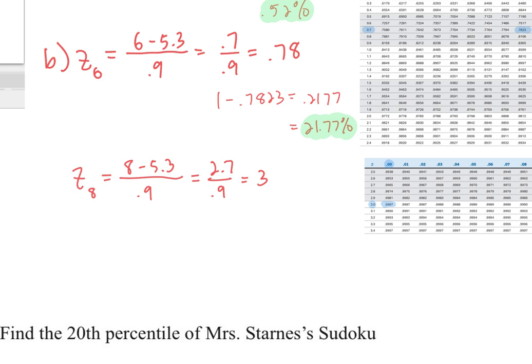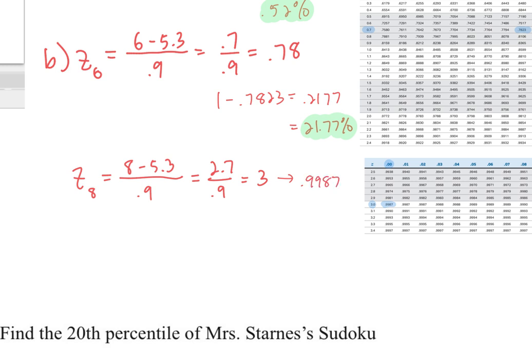Okay, so now the value for 6 was the proportion less than 0.7823, and then this one here, I'll write that down. Let's just do the proportion first: 0.9987.